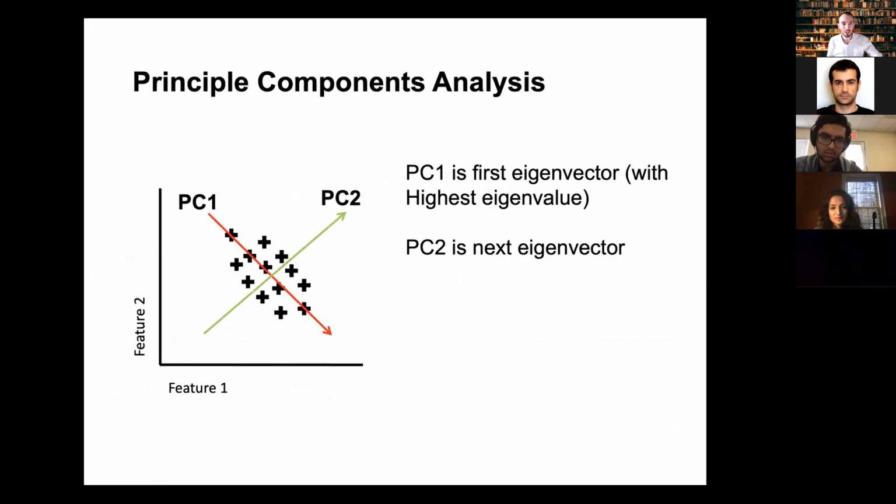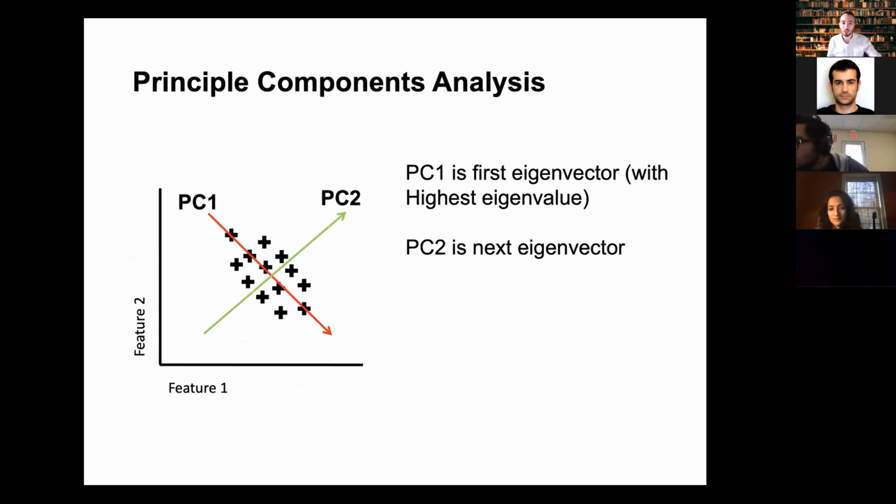Okay, so one of the things we were saying before is that these vectors, the principal components that we want through the data set, are eigenvectors of that covariance matrix, where the first principal component has the highest associated eigenvalue, or the greatest stretch associated with it.